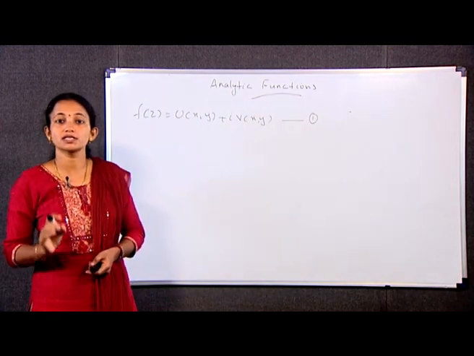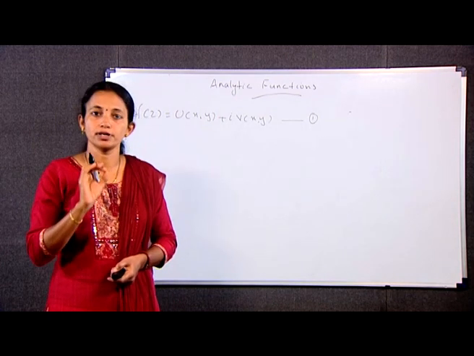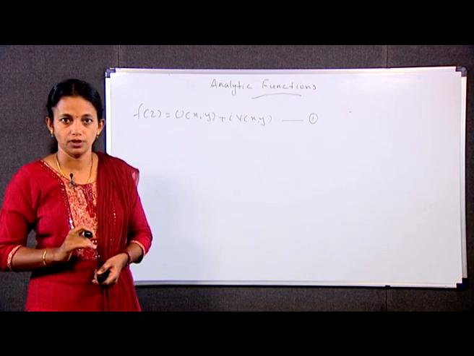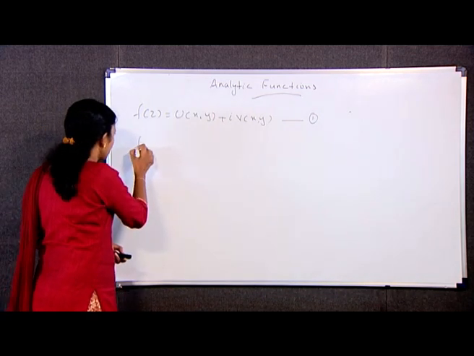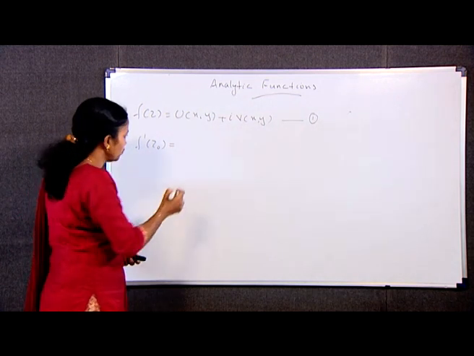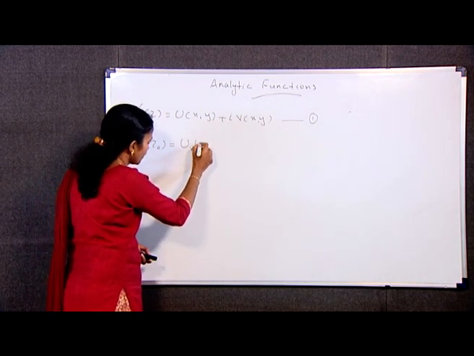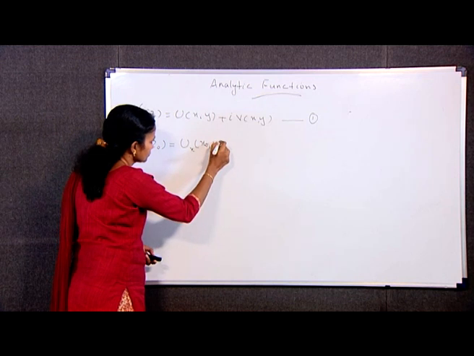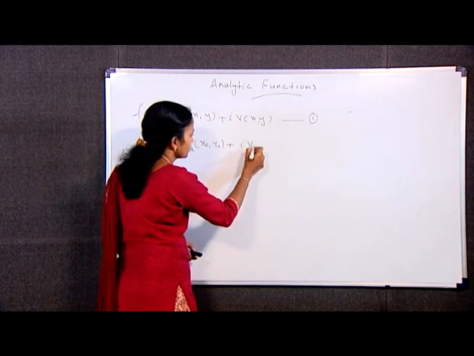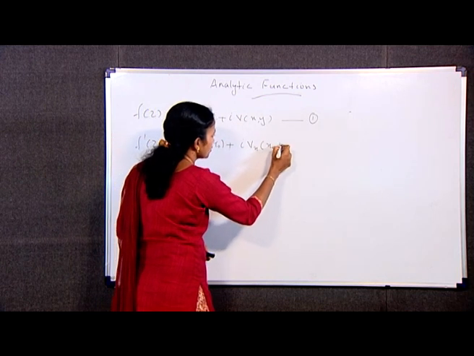If the function is differentiable at the point z0, using the formula for obtaining the derivative, we have f dash z0 is equal to ux x0 y0 plus I vx x0 y0.